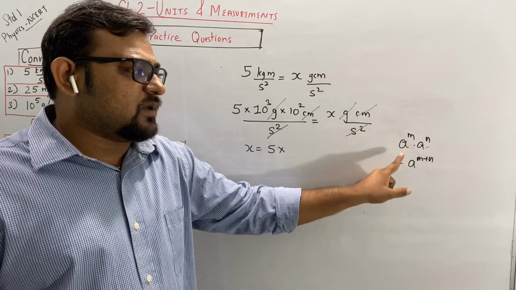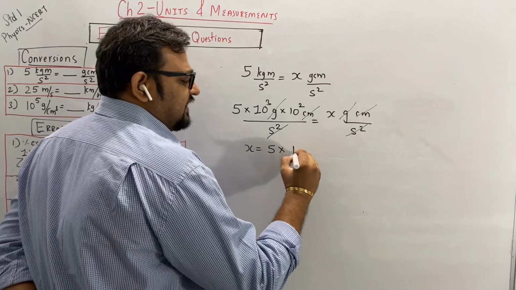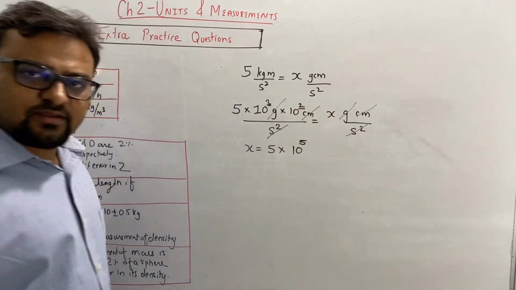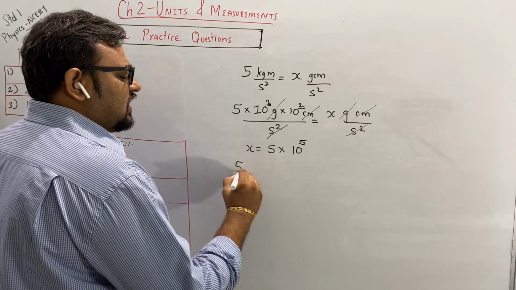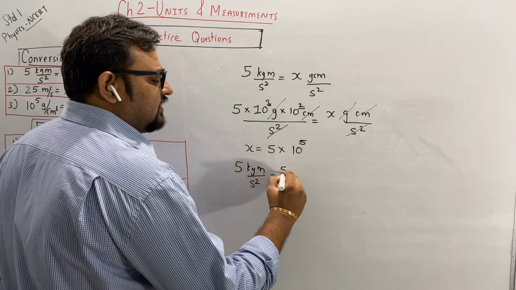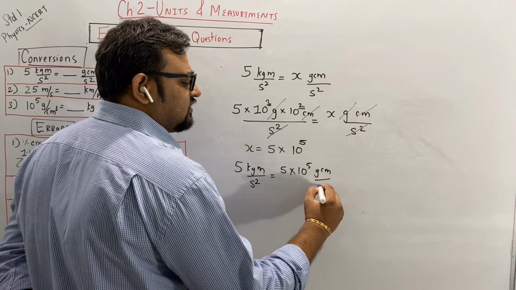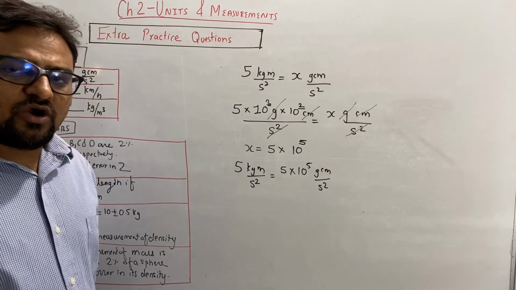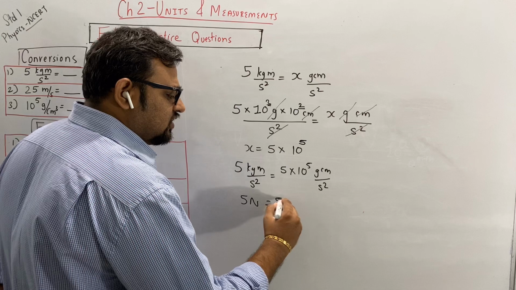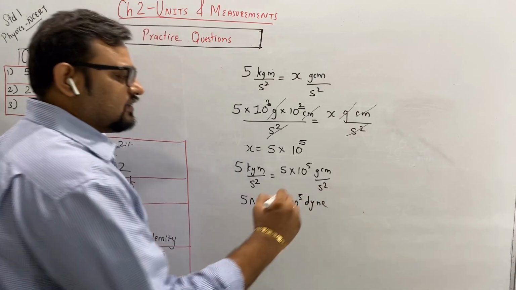If it was a raised to m upon a raised to n, then it would be m minus n. So this will be 10 raised to 3 plus 2, 5. So 5 kg meter per second square equals 5 into 10 raised to 5 gram centimeter per second square, or 5 Newton equals 5 into 10 raised to 5 dyne.